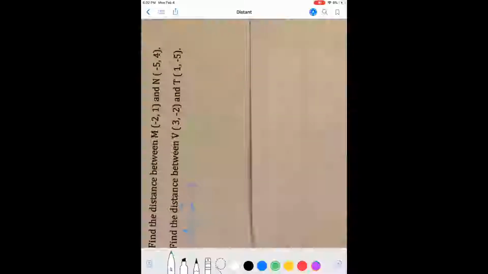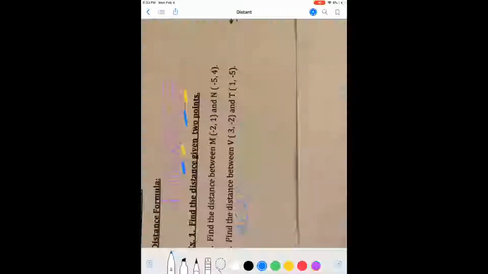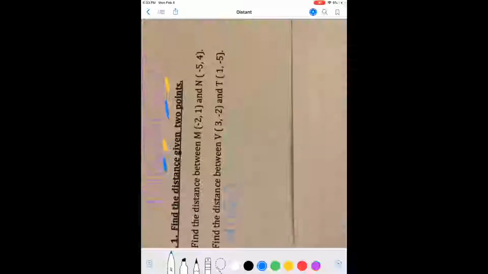We want to identify our x values and y values, which one's going to be first and which one's going to be second, just so we can easily plug in our values. I'm going to call M my 1s, so x1, y1, and my N is going to be my 2s, so x2, y2.